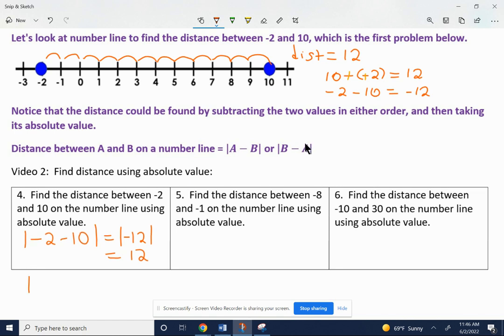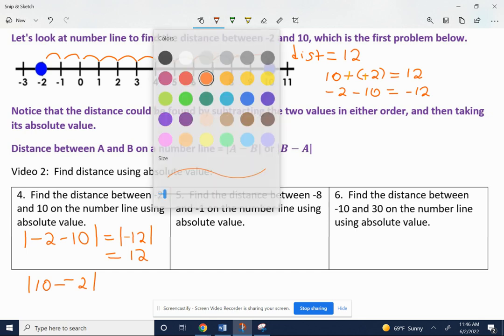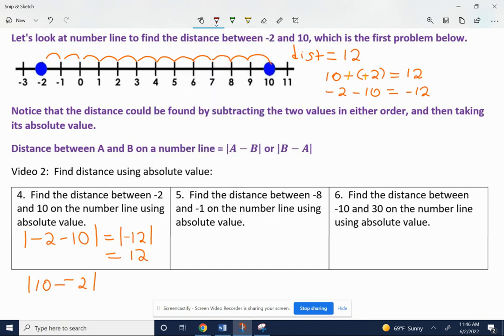I could find the absolute value of 10 minus -2 instead. Just make sure you know that you got to make that plus a positive. The absolute value of 10 minus -2, or the absolute value of 10 plus 2, is the absolute value of 12, which also equals 12.